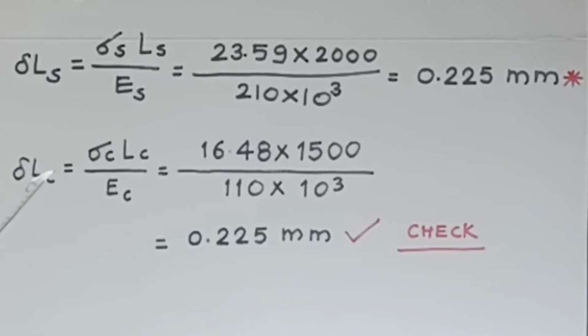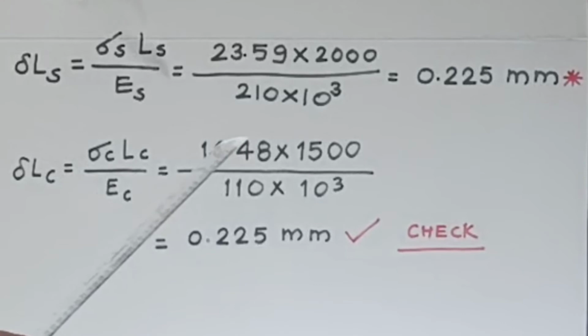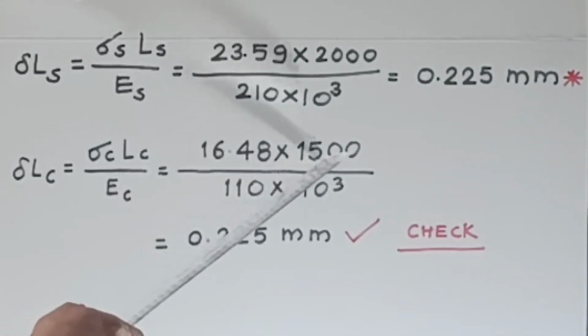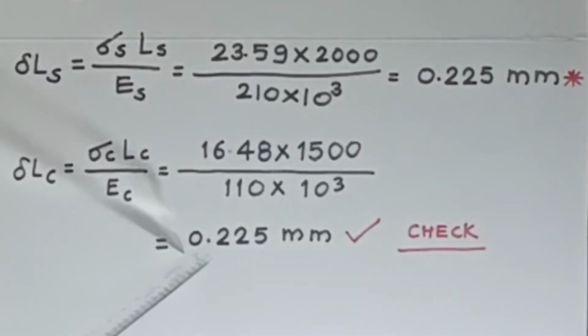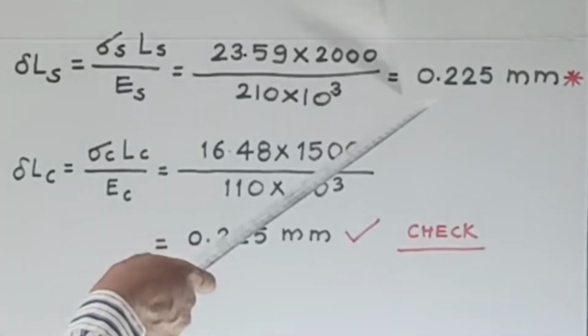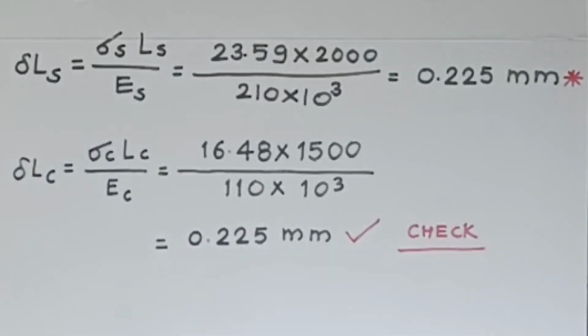Okay, so delta L for copper is equal to sigma C into LC upon EC. Sigma C is 16.48, LC is 1500 and EC is 110 into 10 raised to 3, which also comes out to be 0.225 mm. So it is same as delta L for steel. So we have already got the check and this is now okay.